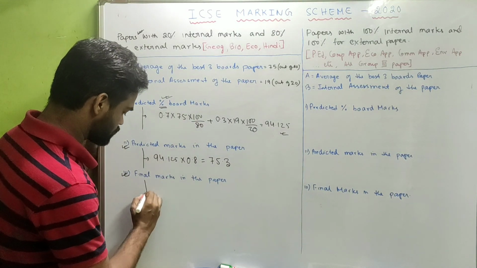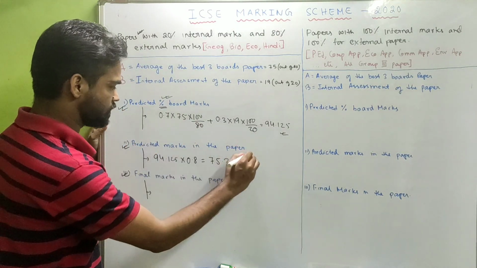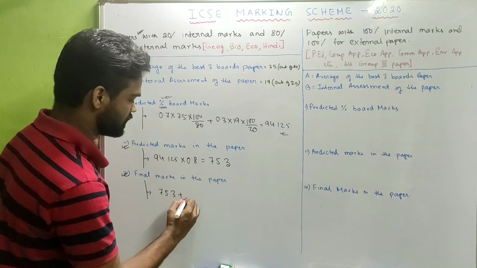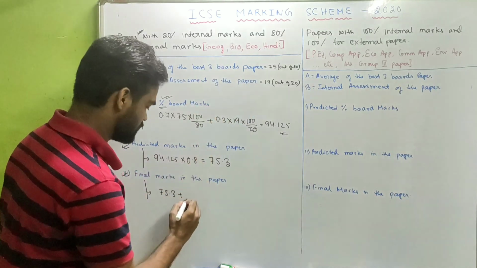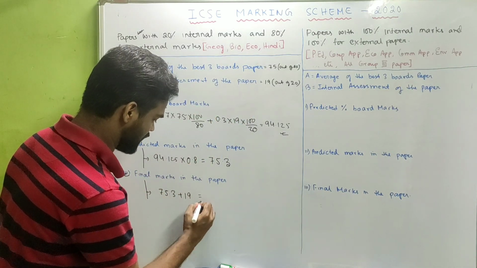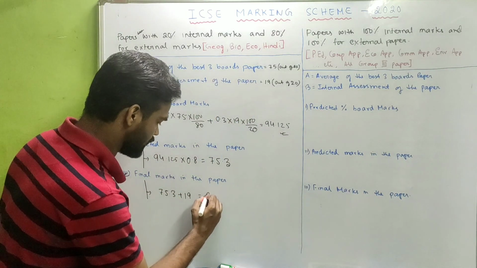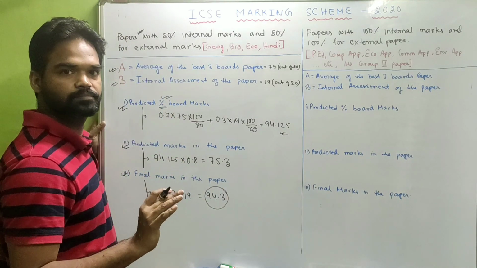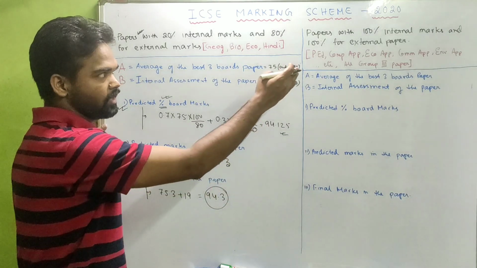Your final marks will be your predicted marks in the paper, that's 75.3, plus your internal, which was 19. So that becomes 94.3, which will be rounded off. Clear?